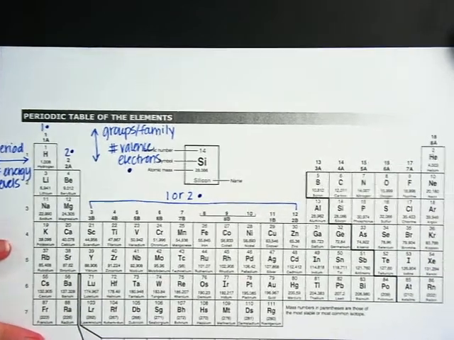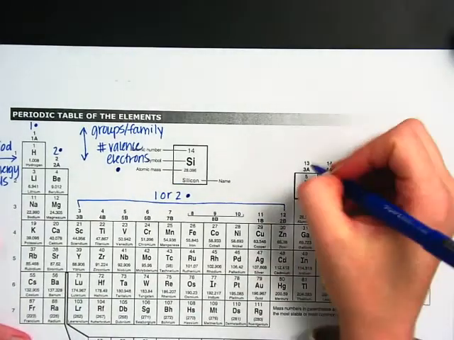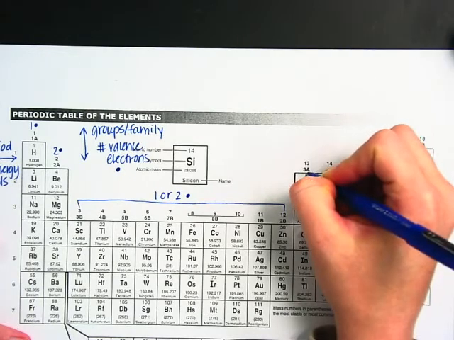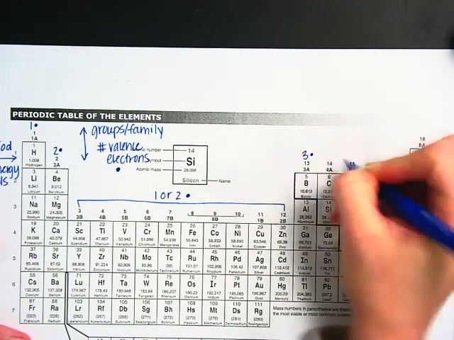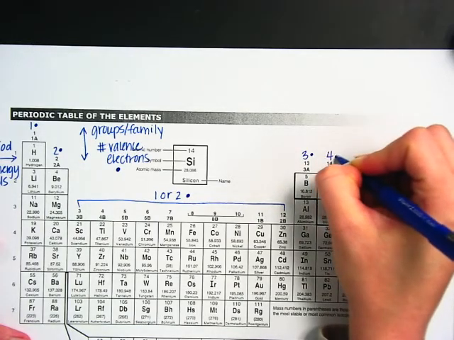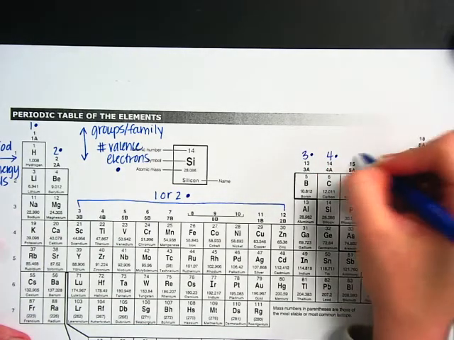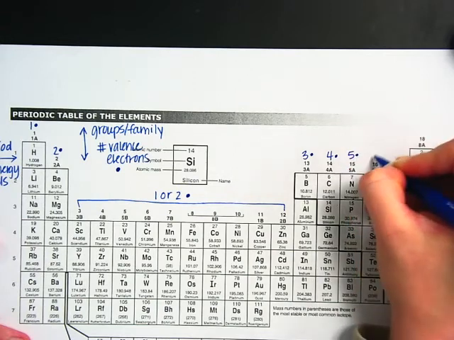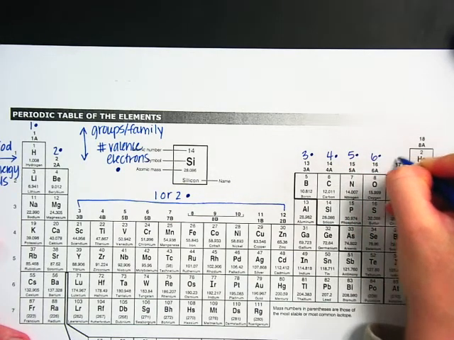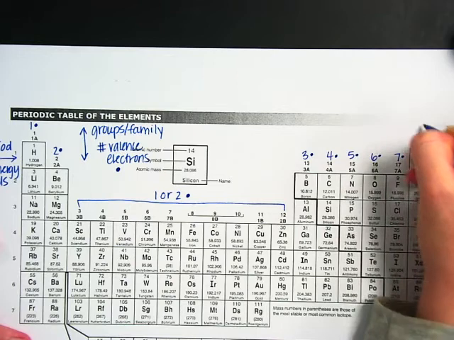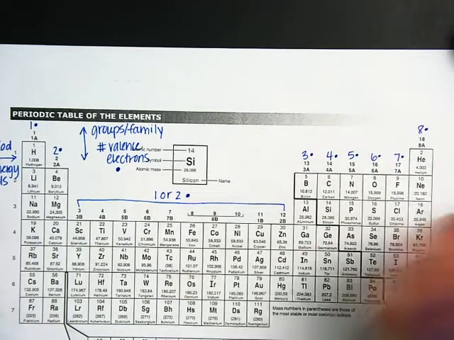And then it goes back to normal again. Group 13 over here, you actually have to subtract 10. It has 3. Group 14 has 4 valence electrons. Group 15 has 5. 16 has 6. 17 has 7. And 18 has 8 valence electrons.